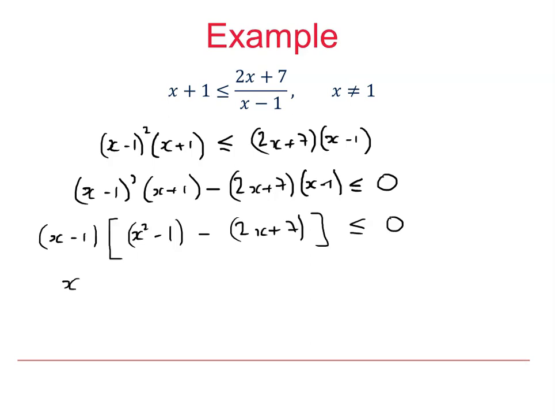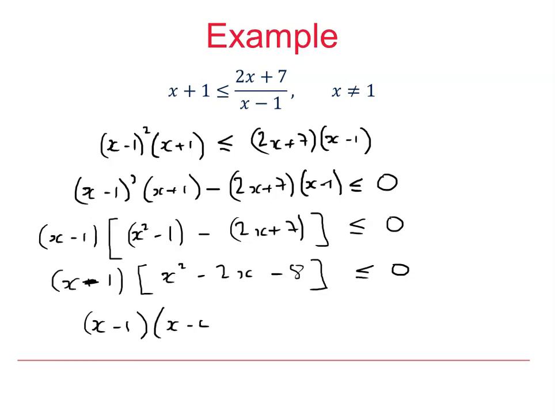If we now look at what we've got in the square bracket, so that should be x minus 1 there, and then in the square bracket we have x squared minus 2x and minus 1 and minus 7, so minus 8. That's less than or equal to 0, and that factorizes into two factors, x minus 4 and x plus 2. So we have x minus 1, x minus 4 and x plus 2 less than or equal to 0.